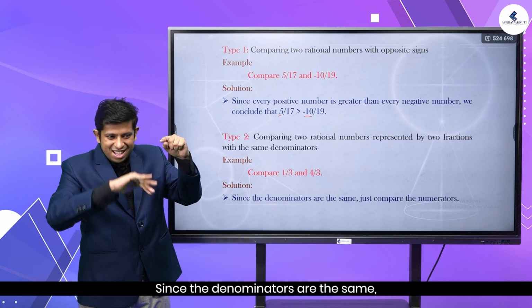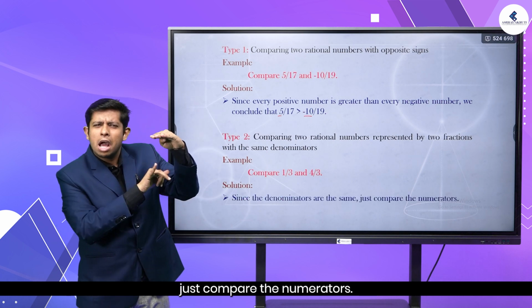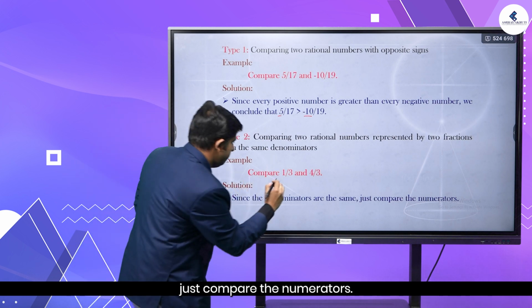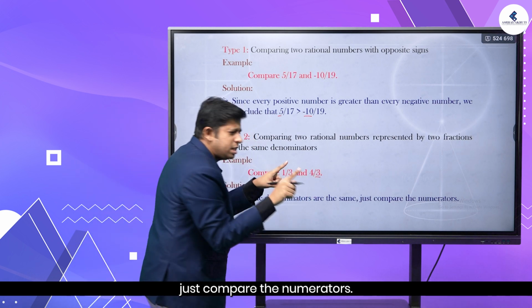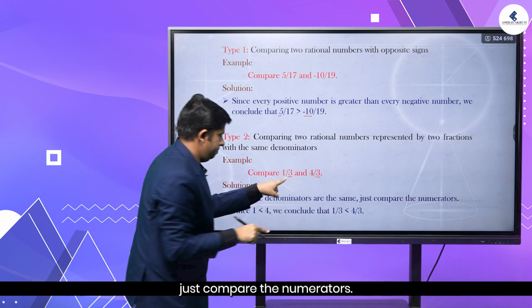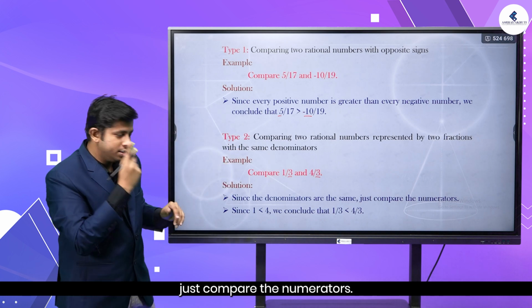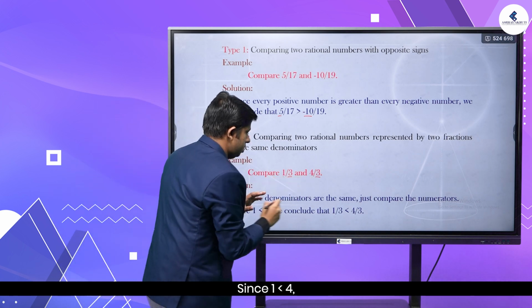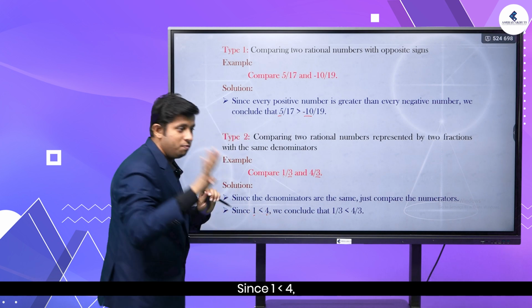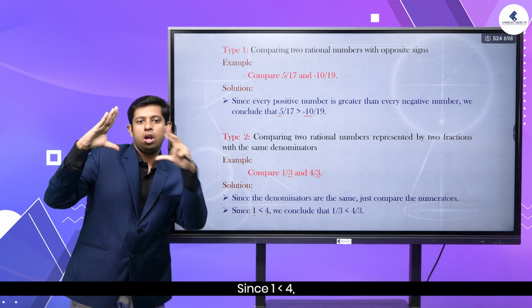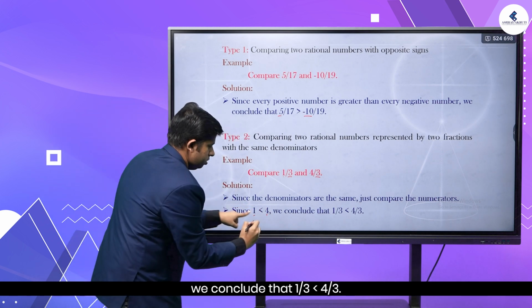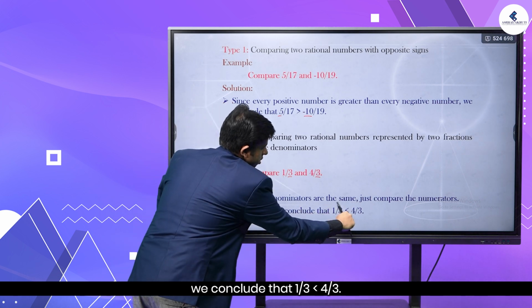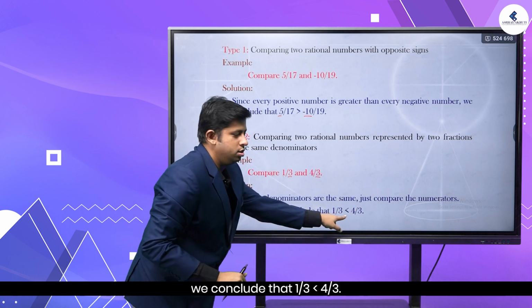Since the denominators are the same, just compare the numerators. Since 1 is less than 4, we conclude that 1 by 3 is less than 4 by 3.